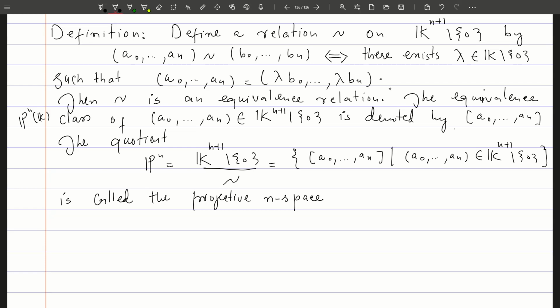The a_i are called homogeneous coordinates.